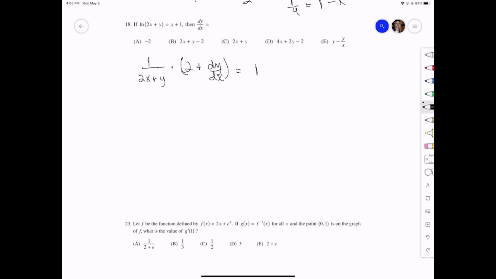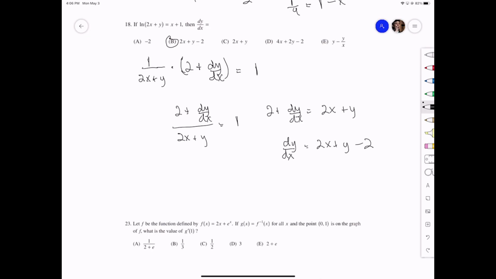Equals 1. So 2 plus dy dx over 2x plus y equals 1. So 2 plus dy dx equals 2x plus y. Dy dx equals 2x plus y minus 2. B.